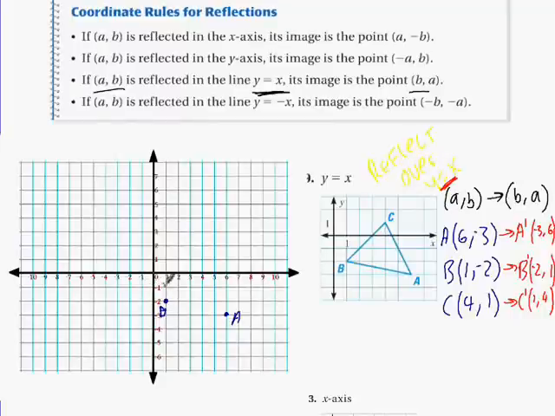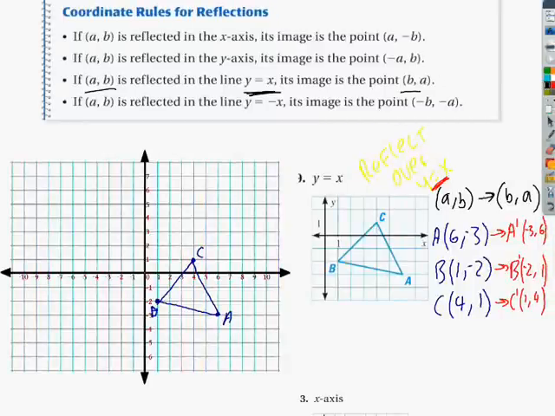Let's draw it, and if I'm going to reflect over the y equals x, let's draw y equals x real quick. Do you even know what y equals x looks like? Y equals x is actually this line right here, going right through. That is y equals x.